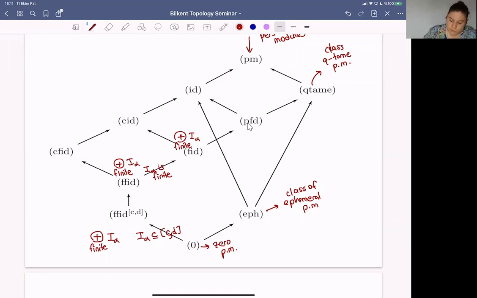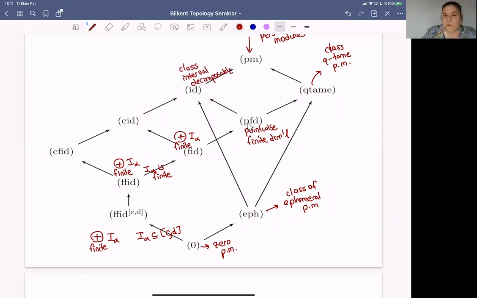So this is a pointwise finite dimensional persistence module. That means at each spot, each vector space has a finite dimension. Each vector space is finite dimensional. And this is the class of interval decomposable persistence modules.